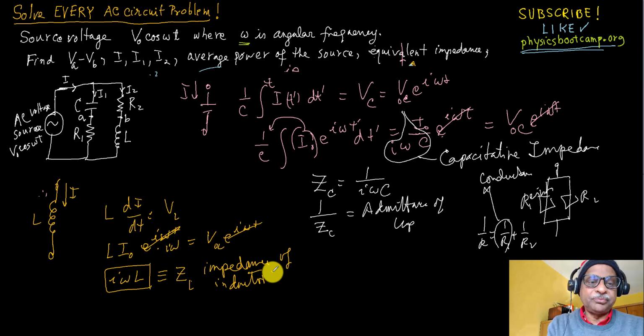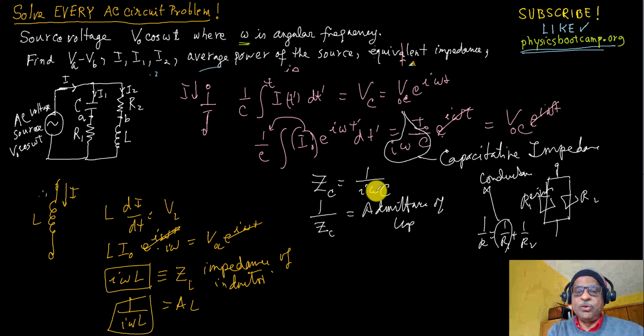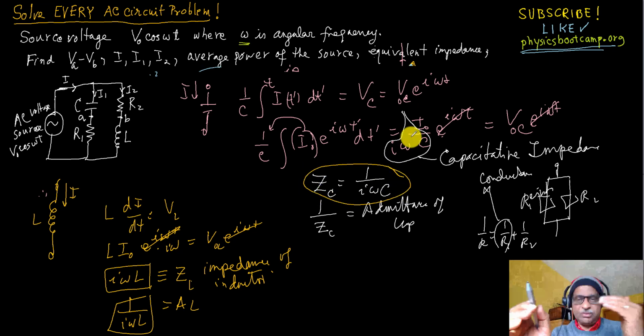Both of them are the same kind of deal, right? Of course, the admittance of the inductor will be 1 over i omega L. So you can see that as omega goes very high, this will become small, right?